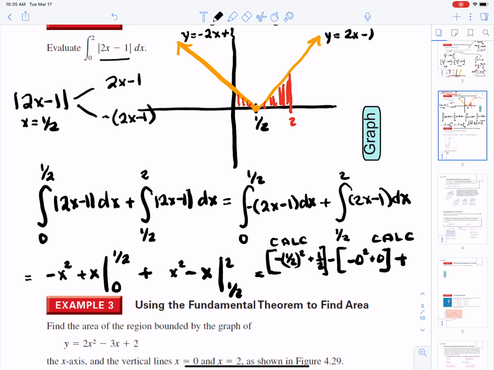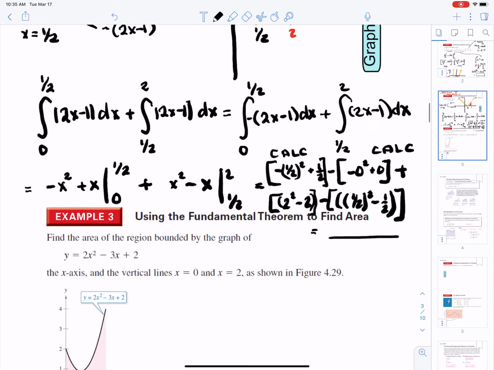Now I'm going to add that on to subbing in from the bottom part, which is 2 squared minus 2, minus 1/2 squared minus 1/2. And then you work that value out, and that would be your final answer. I will let you just work this value out, otherwise this video recording will last forever.